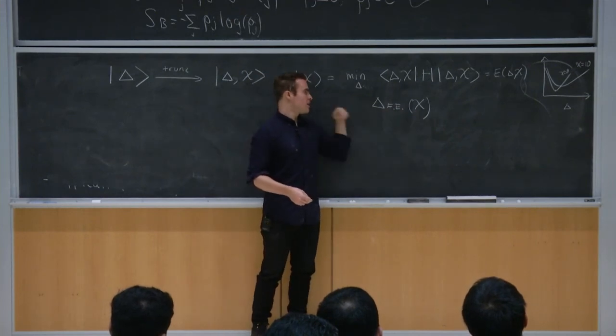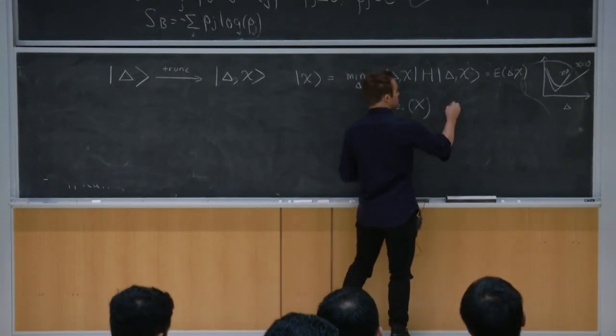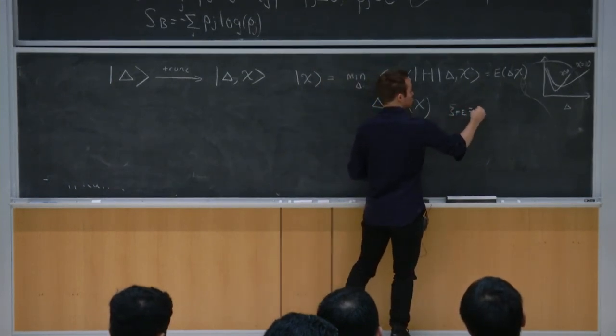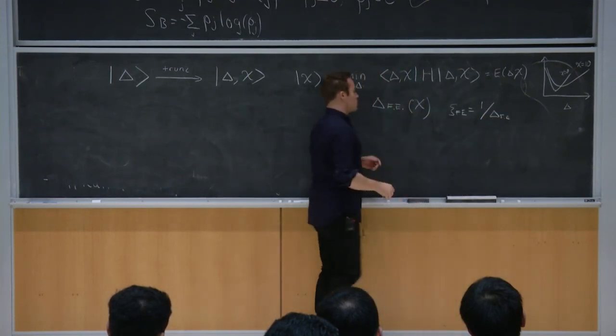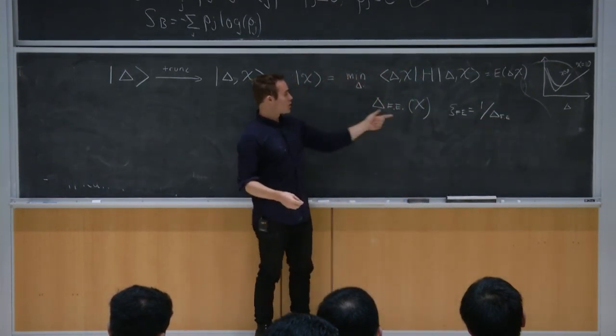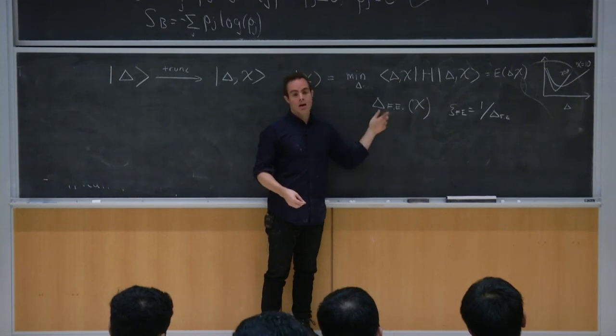And likewise, the correlation length is xi FE equals 1 over delta FE. From this argument, we're going to derive a particular form of this. And the claim is that in the DMRG, the correlation length will obey the same form.